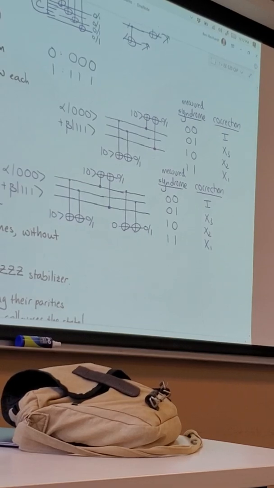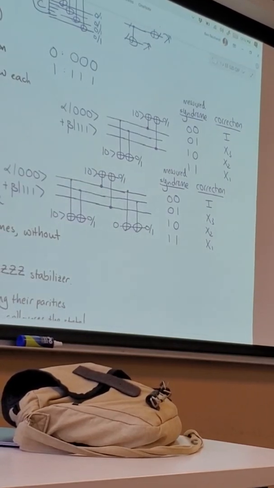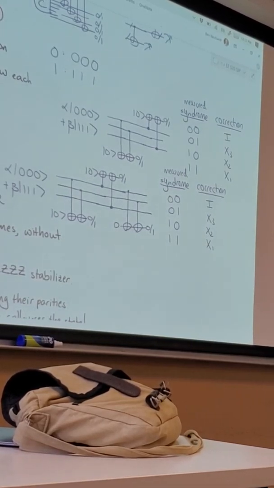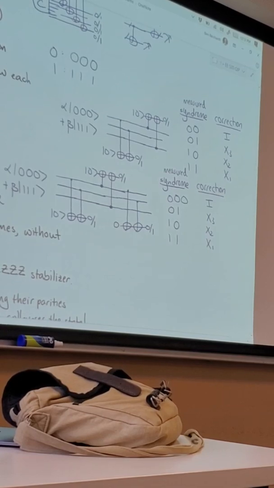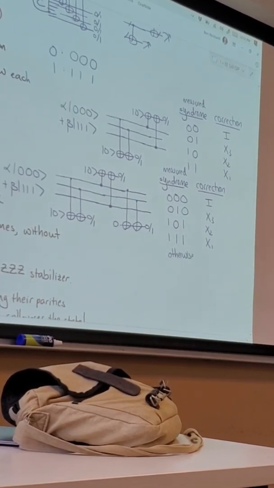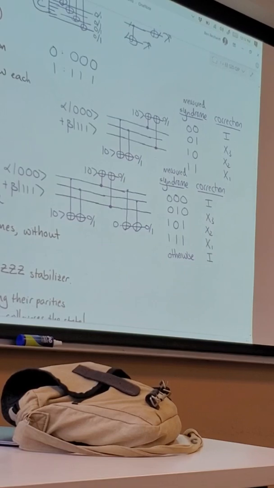Okay. So now I'm measuring 3 syndrome qubits and 3 syndrome bits, and let's see what happens. All right, so the third one's just the same as the first one. Otherwise, don't do anything. And let's see if this works.